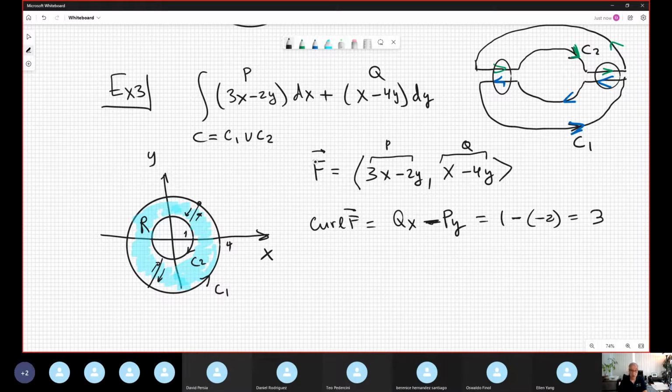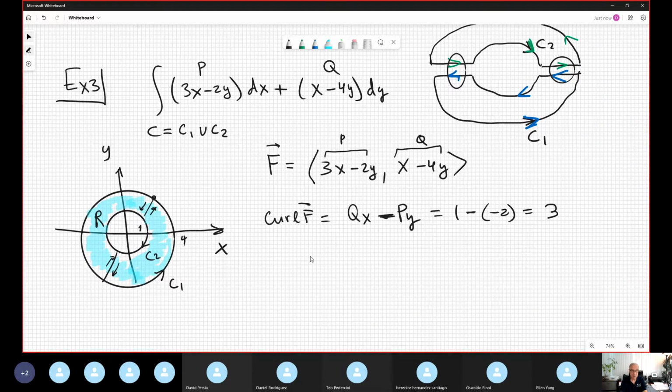Okay? According to Green, we can transform this line integral into a double integral in the region R. Mathematically, it's equivalent.